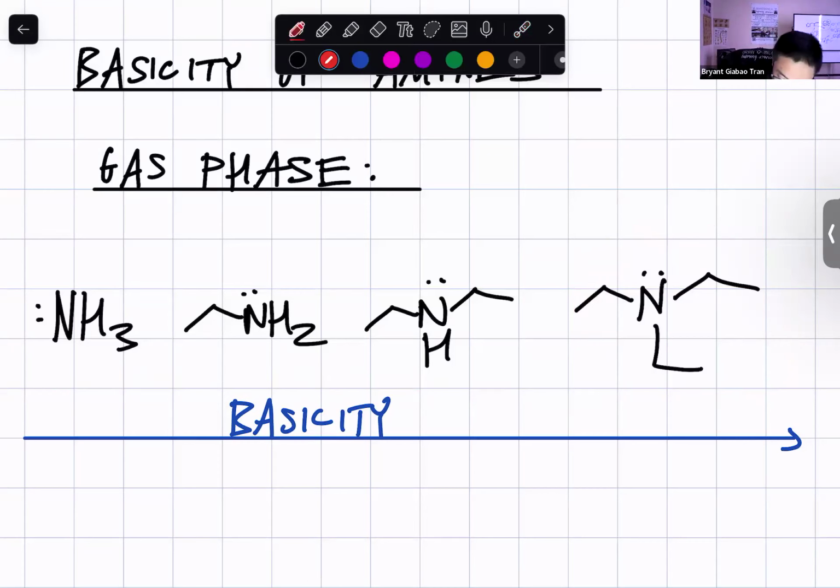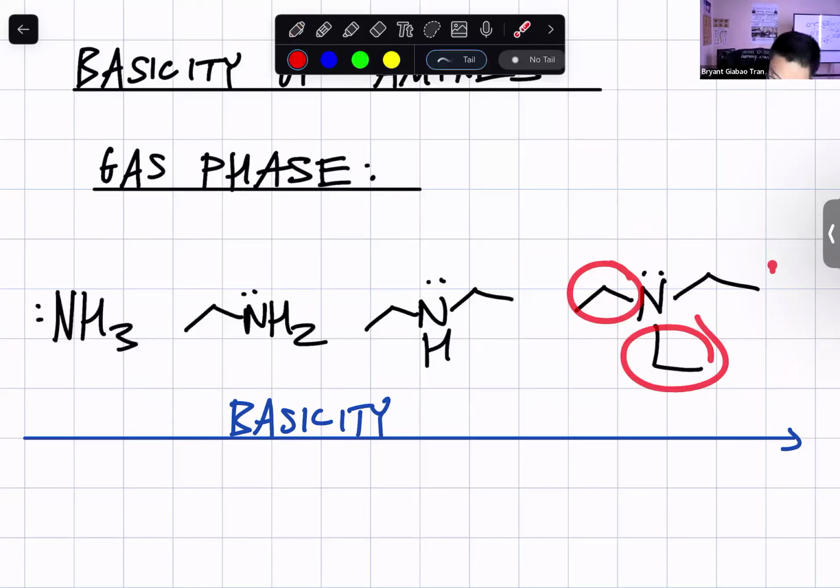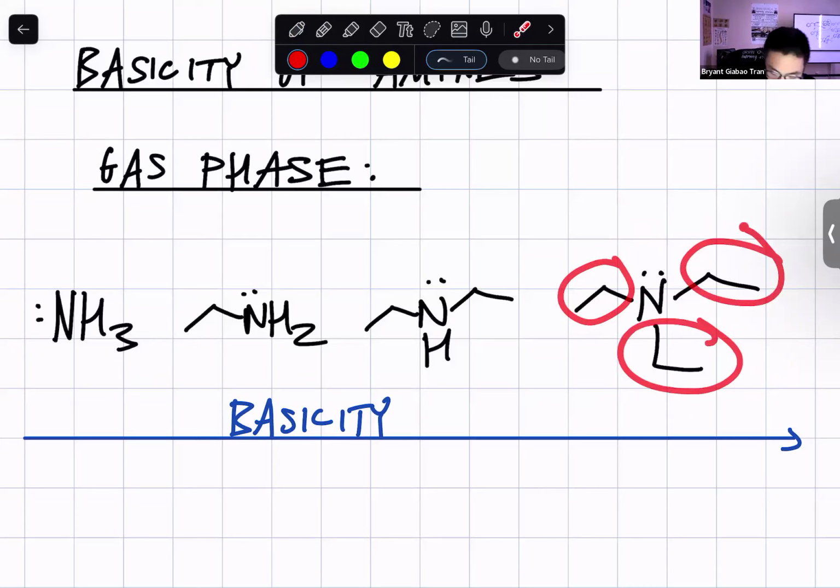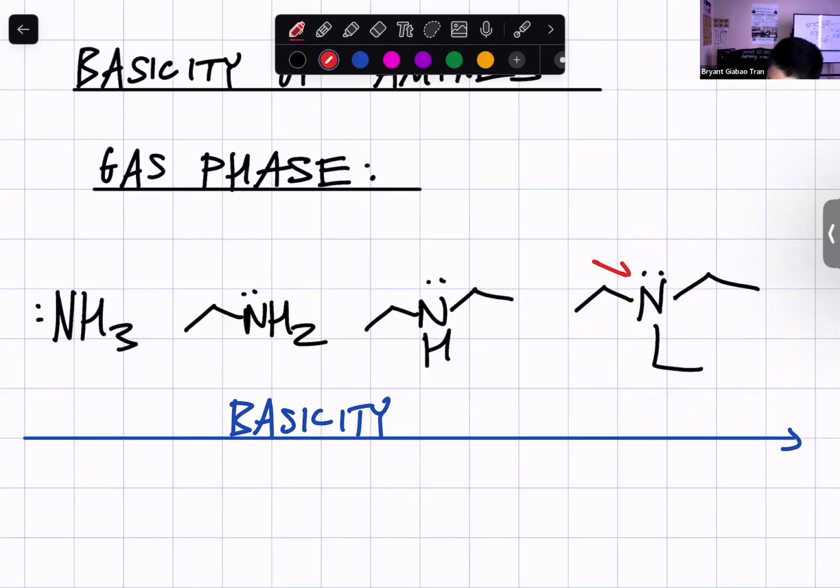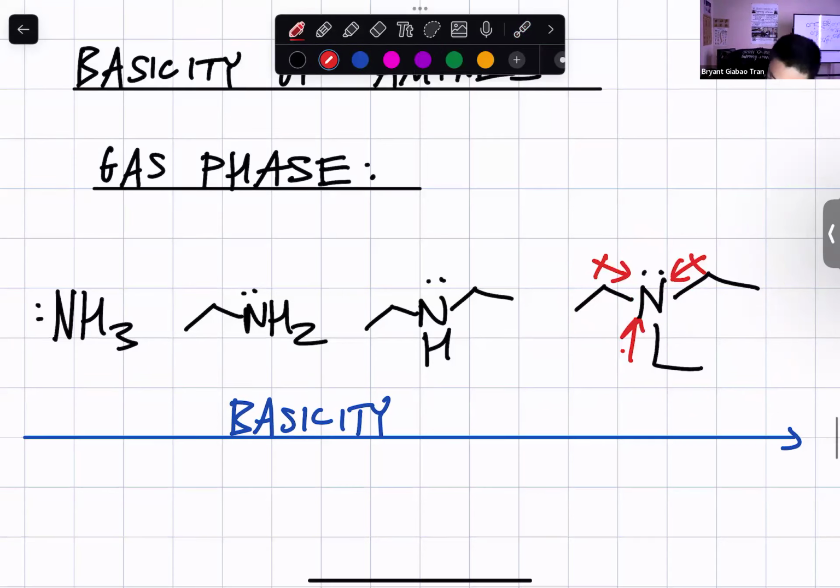And the factor that determines this basicity is the amount of R groups attached to the nitrogen. And in 118B, we learned that R groups are EDGs, electron donating groups, by induction. So they're just going to naturally donate electrons into the nitrogen. Because this tertiary amine has the most EDGs, R groups, this nitrogen is gaining a lot of electrons, making it very basic.